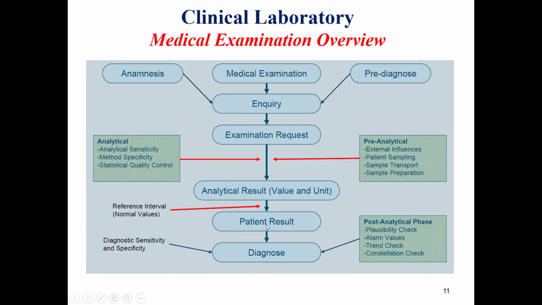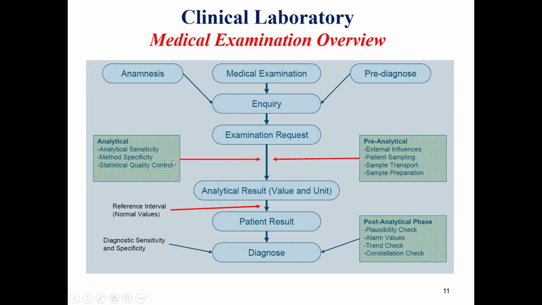This is an example of a medical examination overview where we start with an inquiry. We make an examination request. We send this to the laboratory. We analyze the blood sample, and we give the result. As we said before, the workflow inside the laboratory can be separated into 3 parts: pre-analytic, analytic, and post-analytic.